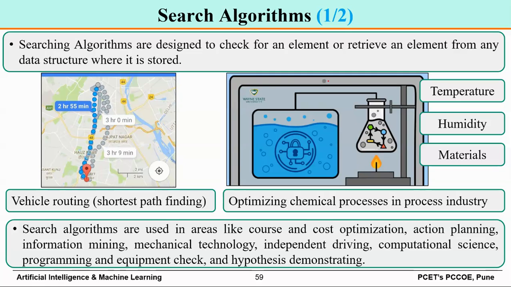So whatever information we receive, based on that we can draw some conclusion. So these are some of the applications where search algorithms are very important. And again, it is location specific. Whatever decision we make in India, the same decision we cannot make in other countries.